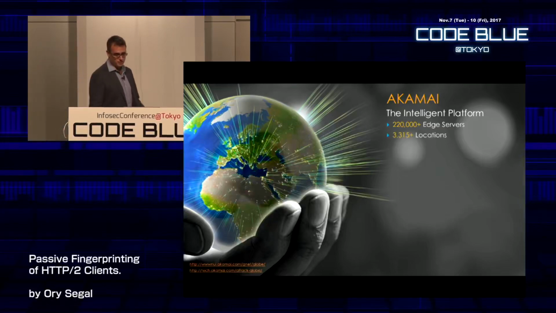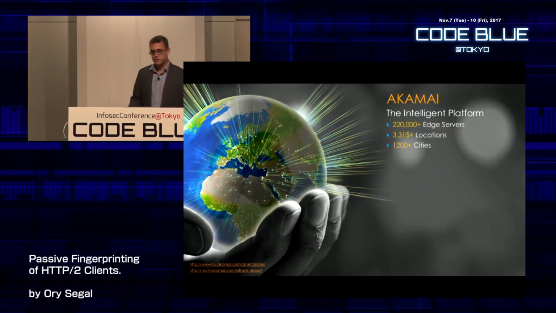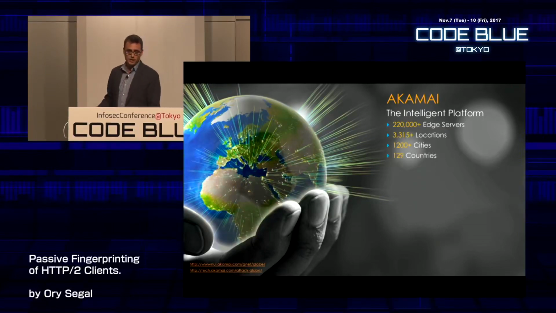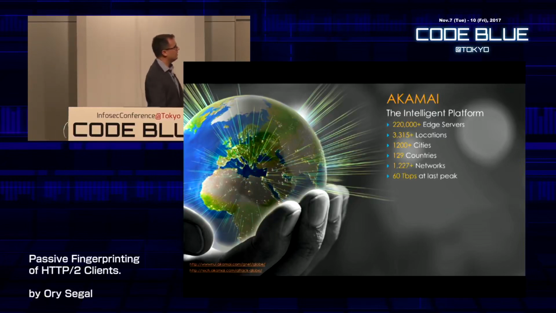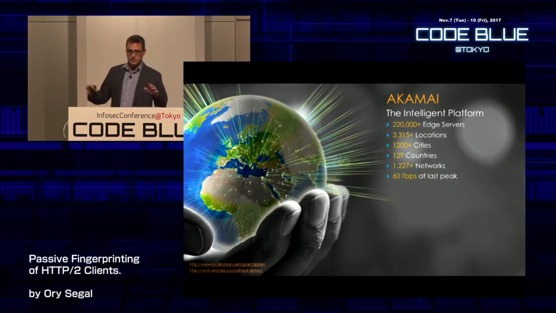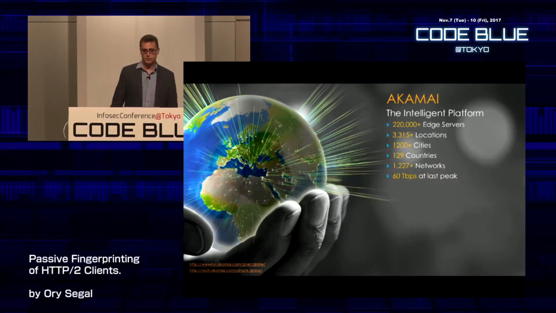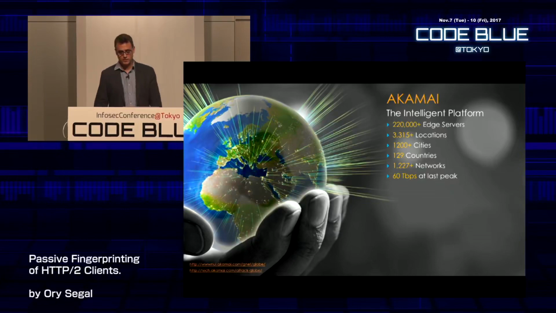We're located in 3,300 different locations around the globe, over 1,200 cities in 129 countries. And our latest peak traffic reached 60 terabits per second. Just to give you a bit of proportions about what kind of traffic we're talking about here.